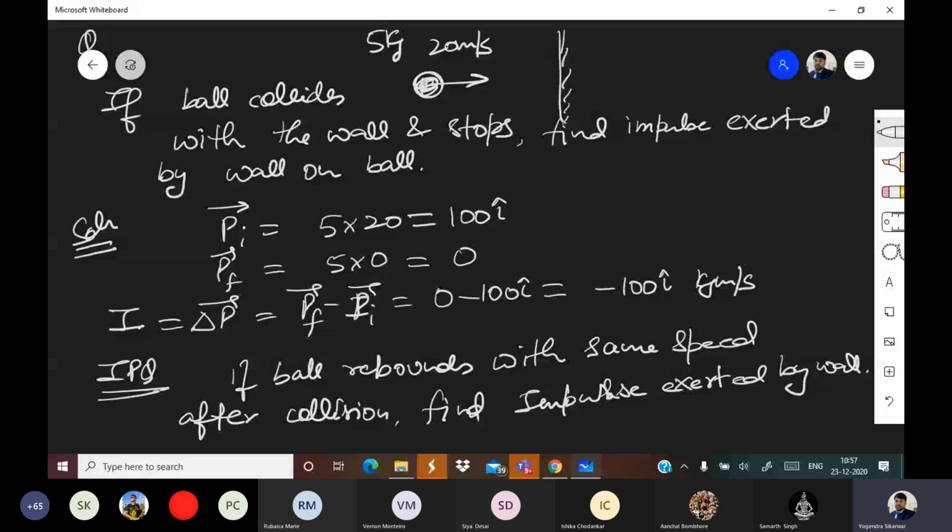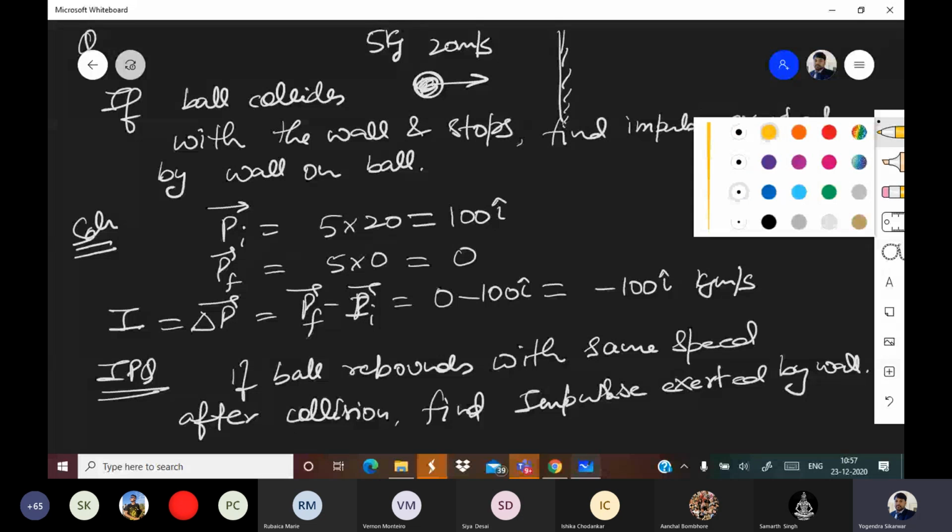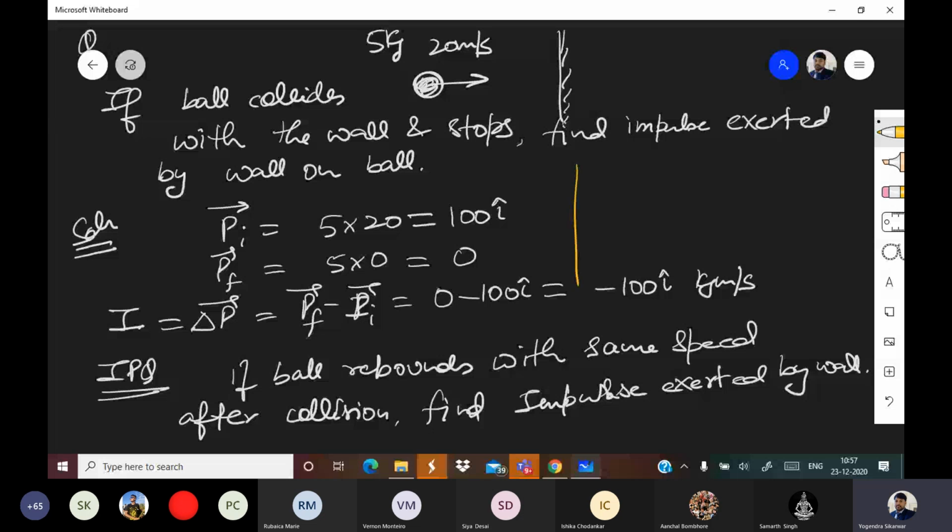Suhas has given the answer. Gauri also. Chirag also. Rakhi, Crisel, Pooja, Naushain, Samarth, Priyanshu, Asmita. Okay, everyone. So I am solving it here only. P initial will be 100 I cap. Correct.